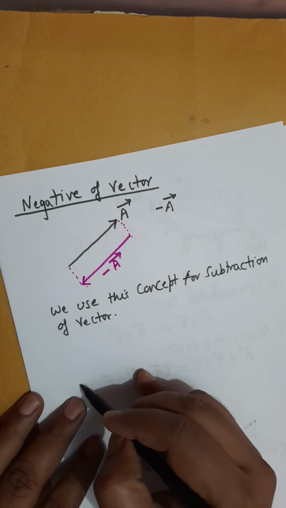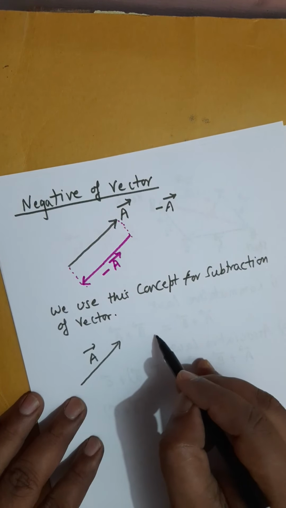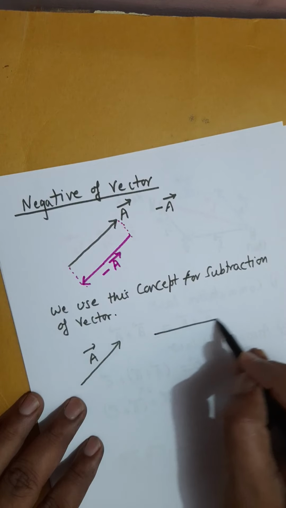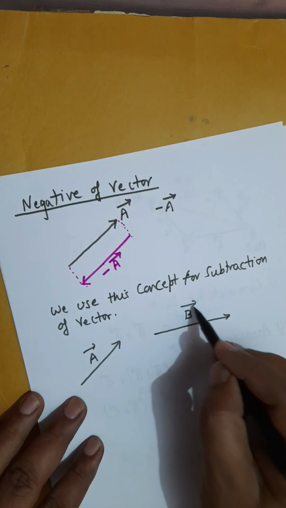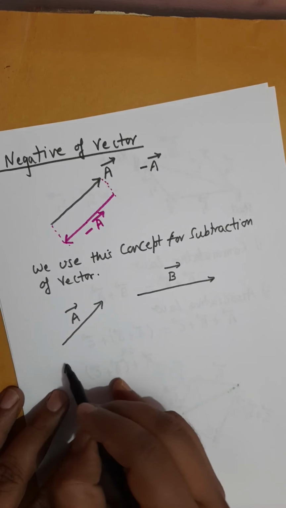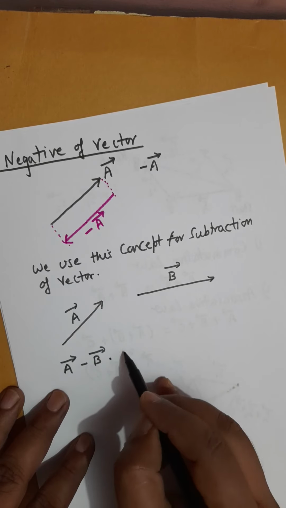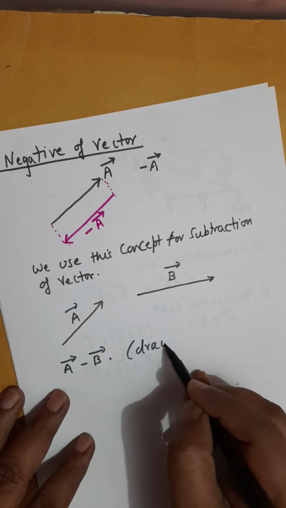Suppose we have vector a in this direction and we have vector b in, say, right side direction, and we want to draw a minus b, right?